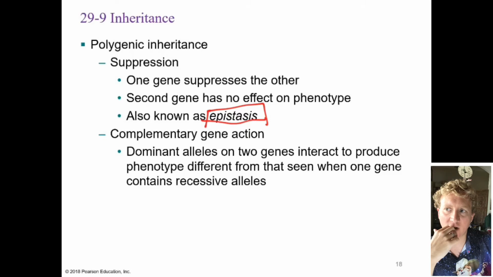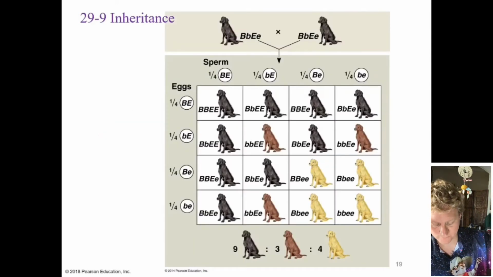And so if that door is closed, that gene is going to suppress the implantation of that pigment. So it doesn't matter how much pigment you're supposed to have, that door's shut. Nothing's coming in. You can also have dominant alleles with different genes that will actually interact to produce different phenotypes than the other genes. So here's an epistasis example.